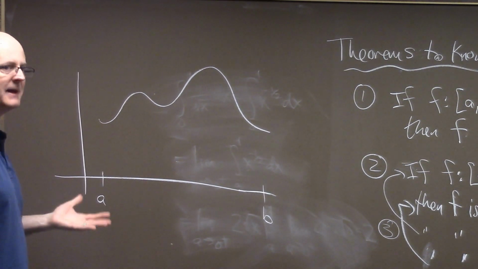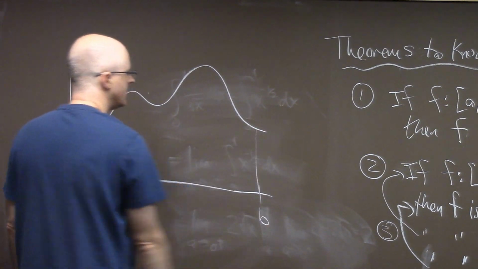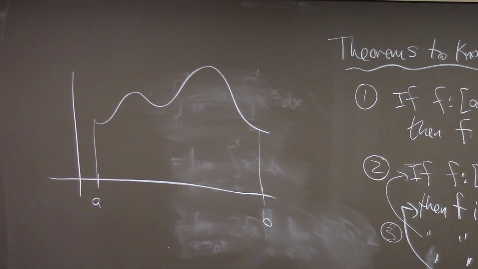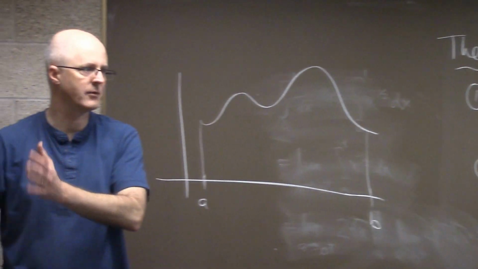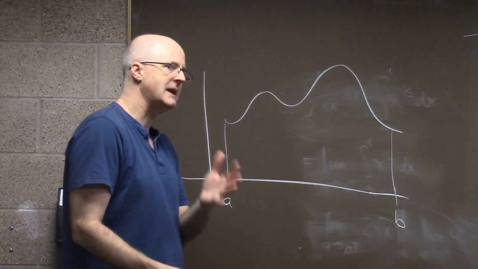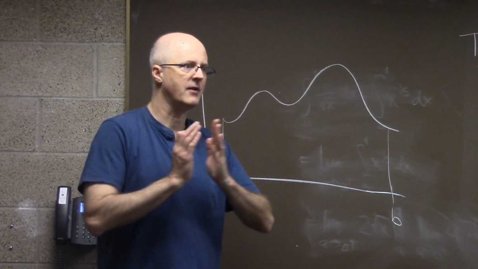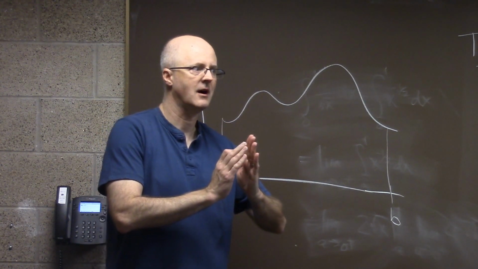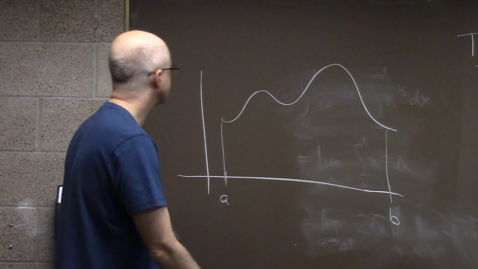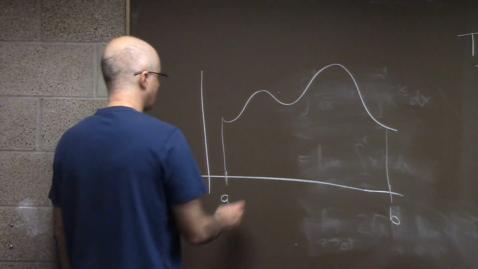And you'd like to approximate the area under the graph to within any given tolerance epsilon. That's the way we thought about it with the original definition. So give me an epsilon. Can I find a delta so that if the widths of all the rectangles are less than delta, I can guarantee that the Riemann sum value is within epsilon of the true area?